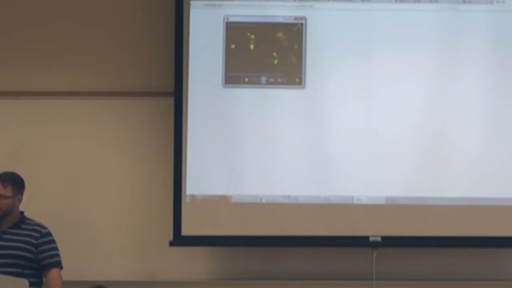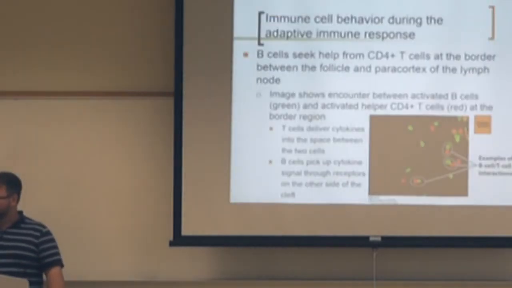Here you can see there's a B cell and a T cell, and even though they're moving around, they're tightly interacting, they're communicating with each other. That T cell is providing help to that B cell. So very tight associations between the T and the B cell.